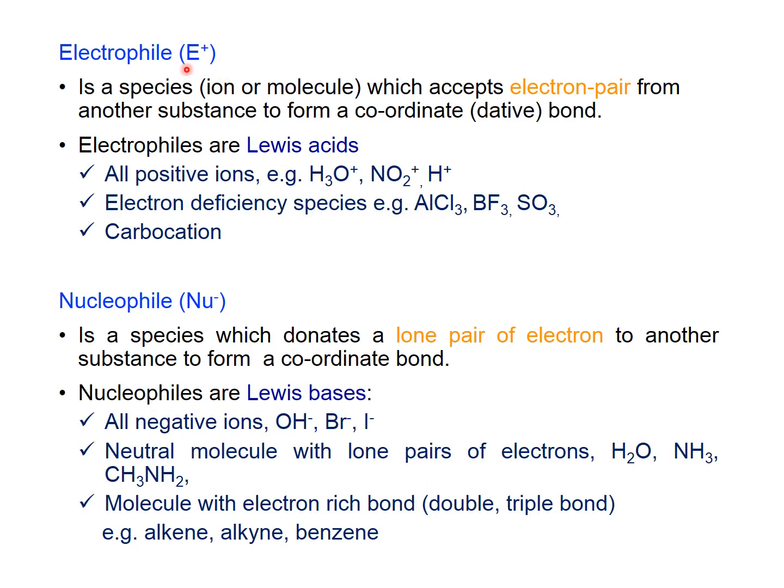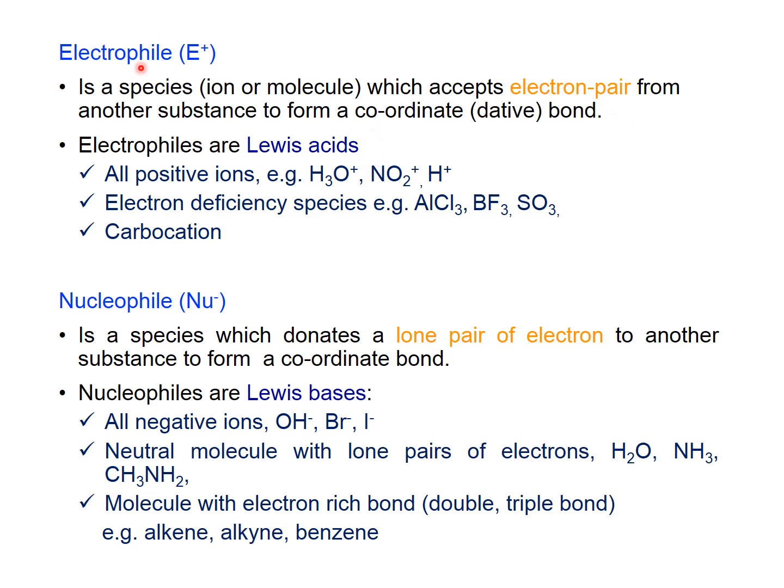Okay. Electrophile, E positive. Dia ada charge positif tetapi dia suka kepada elektron. So it is called electrophile. It is a species, ion or molecule which accepts an electron pair from another substance to form a coordinate dative bond. Electrophiles are Lewis acids. Lewis acid sebab dia accept electron.